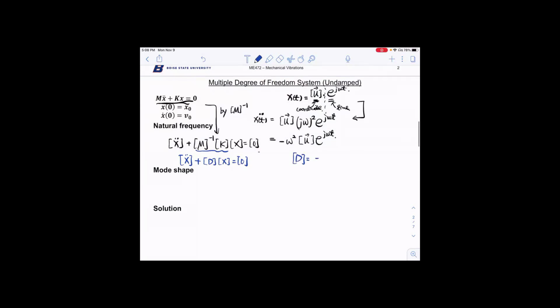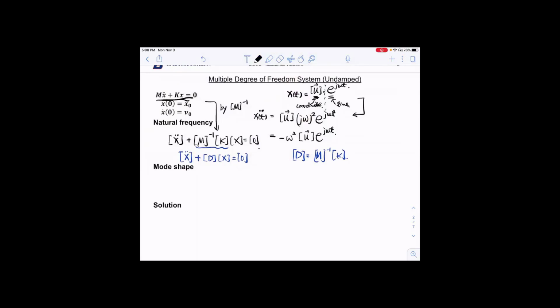The D matrix is just positive M inverse times k. We already know your x double dot is minus ω² u e^(jωt), so we have minus ω² u e^(jωt) plus D times u times e^(jωt) equals 0. From here to here, we just plug in x and x double dot.